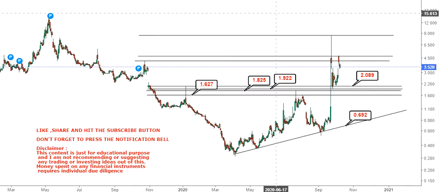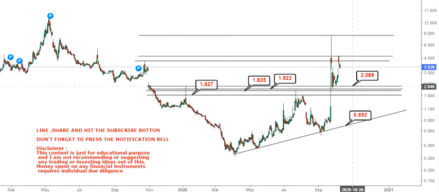When will it break out or break down? That timing nobody can say exactly. What you can do is observe the trend, place your stop losses, and whenever it hits the support, take a position. Whenever it hits the resistance, understand the position, whether you want to stay with it or you have enough profit and want to move out. This is the only thing you can do.